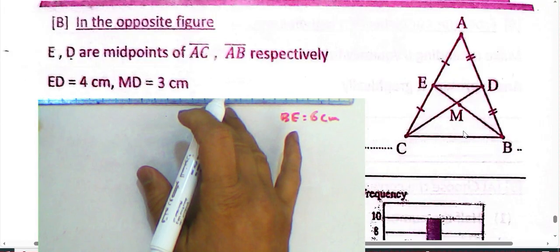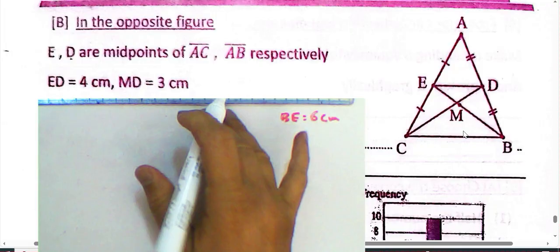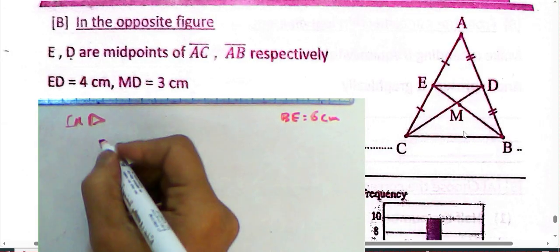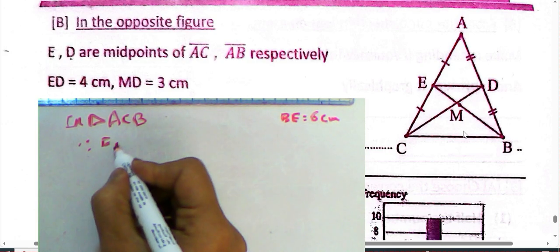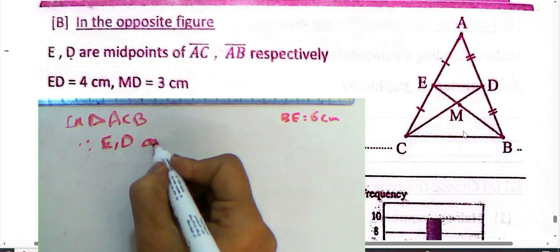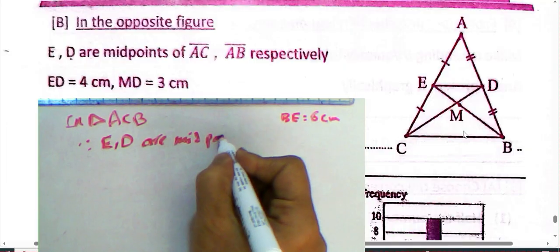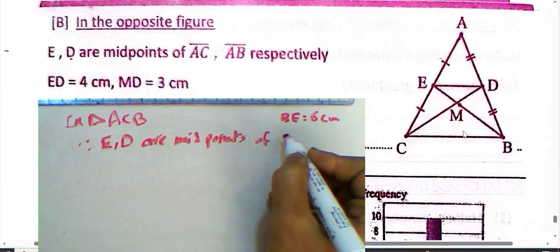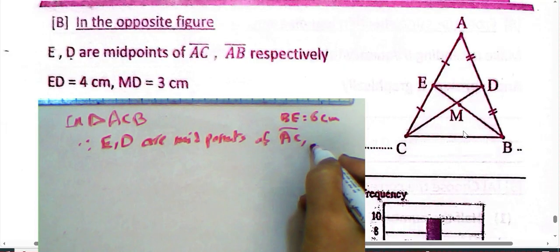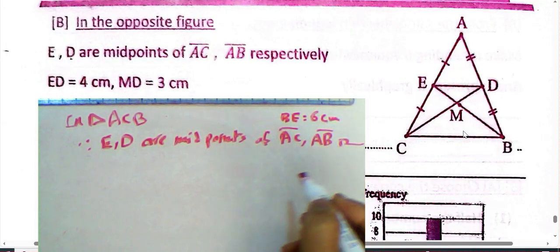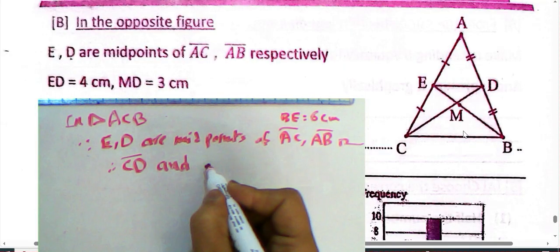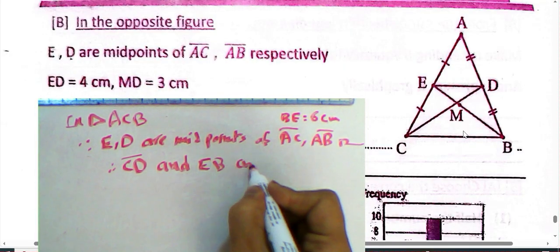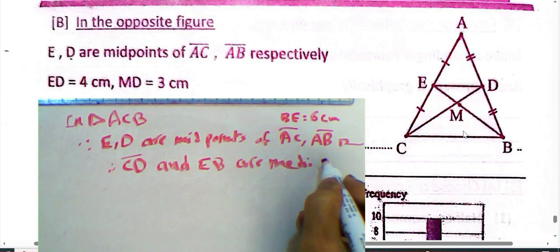Now we want to prove that M is a centroid point. First step, we can prove that by the properties in a triangle. Write with me: in triangle ACB, such that E and D are midpoints of AC and AB respectively, then CD and EB are medians.